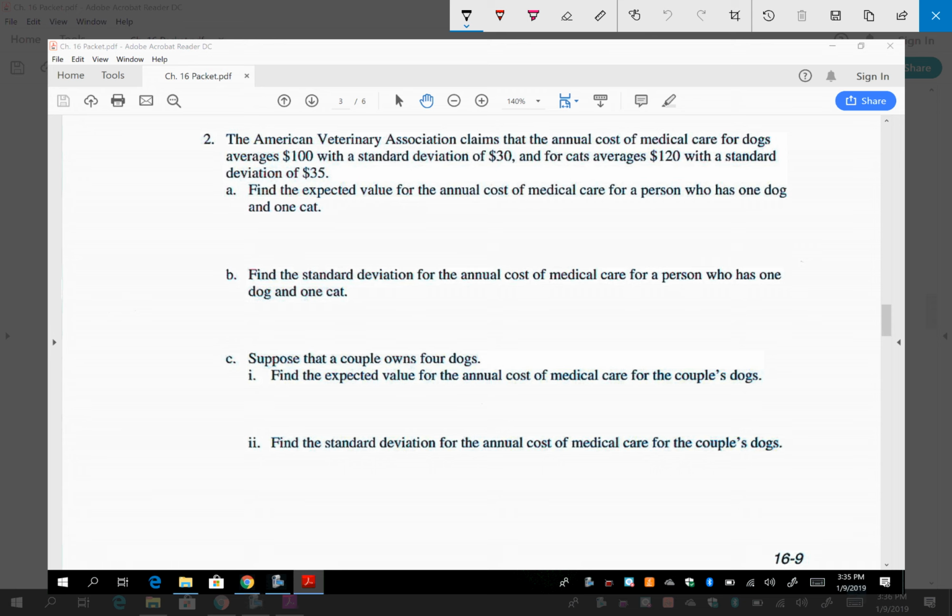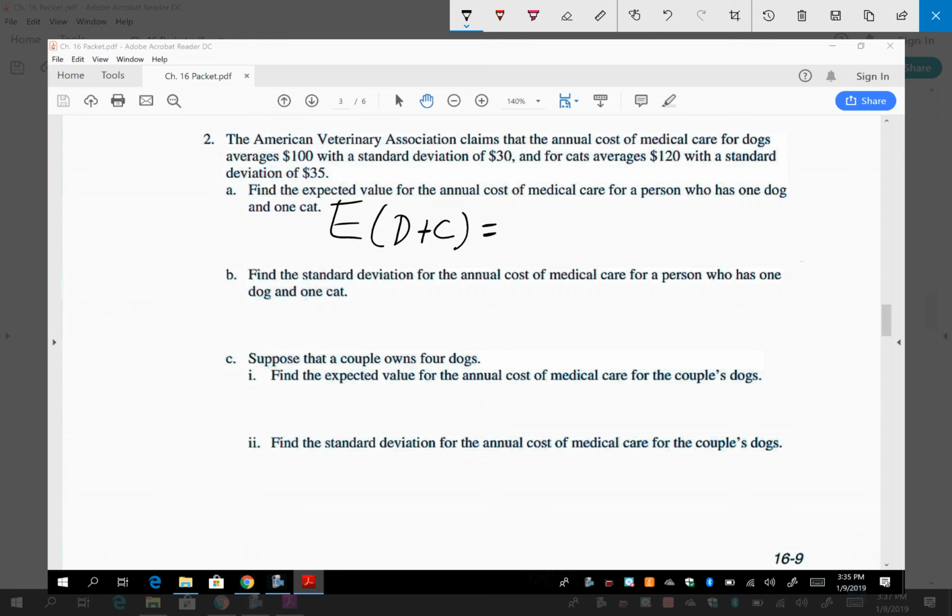All right. What is the expected value for the annual cost for a person who owns a dog and a cat? And I'm talking about just their medical costs, right? I'm not talking about food or anything else like that. I'm talking about just to go to the vet, to keep them healthy. It's close.